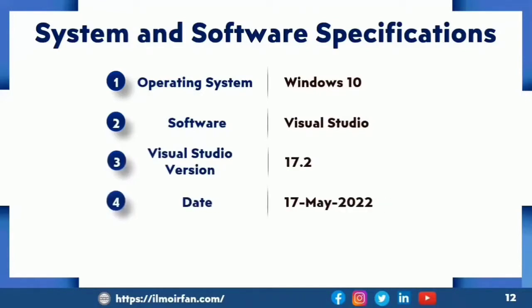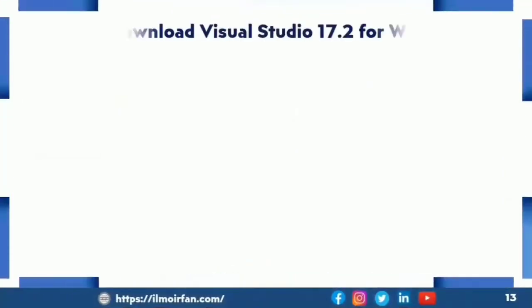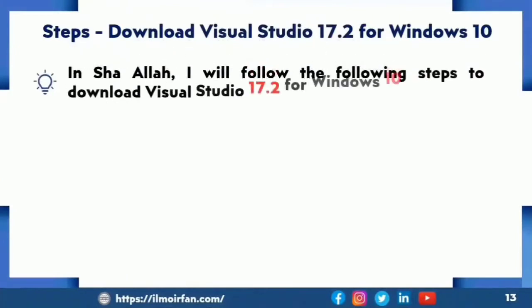It was downloaded on 17th of May 2022. Note that Visual Studio 17.2 can be downloaded for Windows 8.1, Windows 10, and Windows 11. Inshallah, I will follow the following steps to download Visual Studio 17.2 for Windows 10.